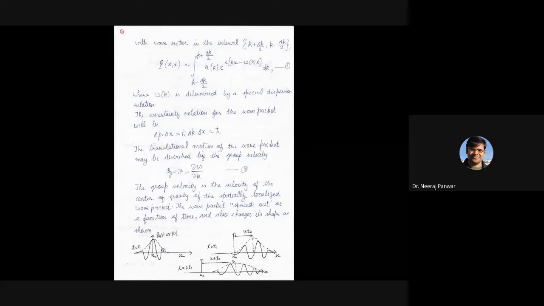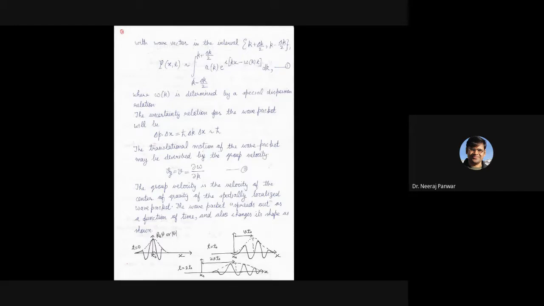So for example, this is a wave packet that has been generated by combining a large number of waves with slightly varying wave vector. This wave packet represents the electron motion, and it is nothing but the real part of the wave function, and at time t equal to 0 it is positioned at x naught.